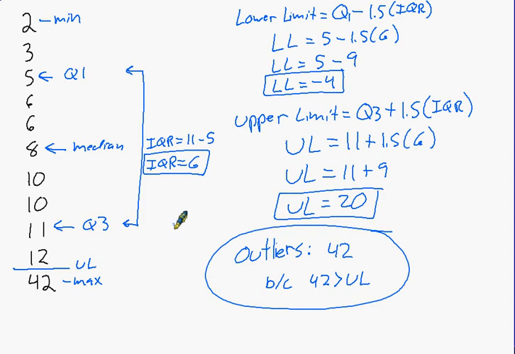Now, once you have identified an outlier like 42, we have to be a little bit careful. You don't eliminate the outliers. They're just unusual values. What you want to do is look back at your data and evaluate to see if there was a simple mistake. A classic example is that if these were like 0.2, 0.3, 0.5, 1.1, 1.2, well, was this meant to be 4.2 and someone just forgot the decimal point?